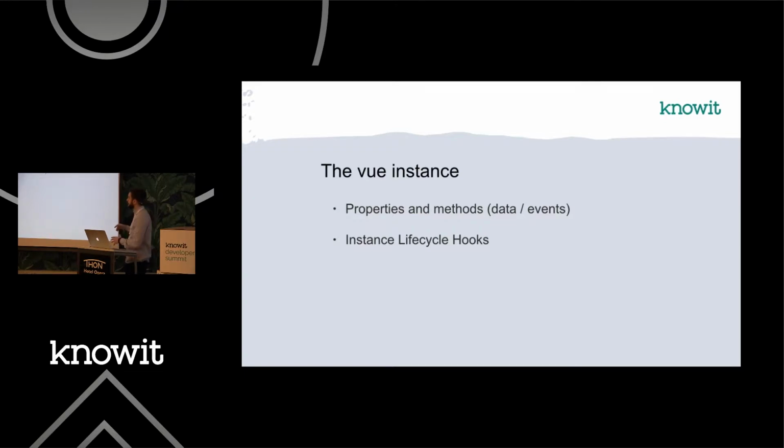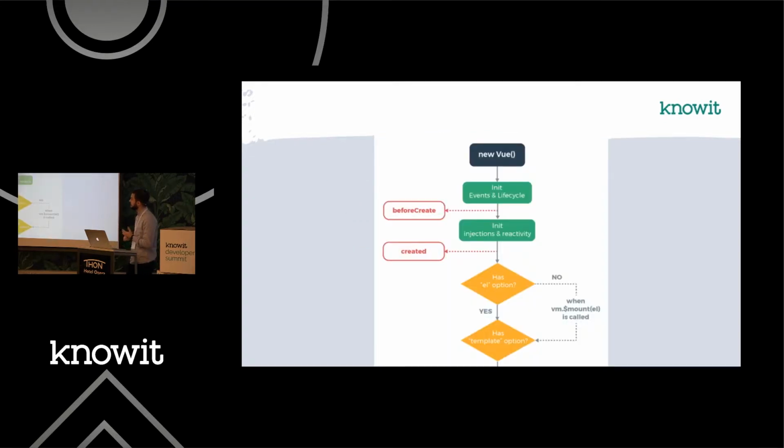And then I'm going to show how Vue starts from the start and then adds the lifecycle hooks during the initialization. When you call new Vue, it initializes the events and lifecycle, and then all the red parts are lifecycle hooks. So you can add watchers during the initialization, at beforeCreate, where you can add new information and change it. Then it injects reactivity, and then there is the created lifecycle hook.